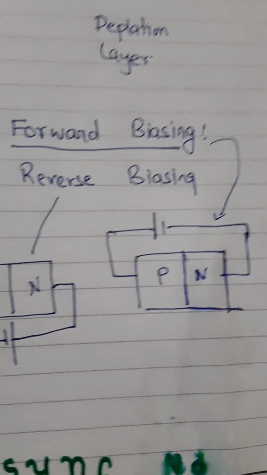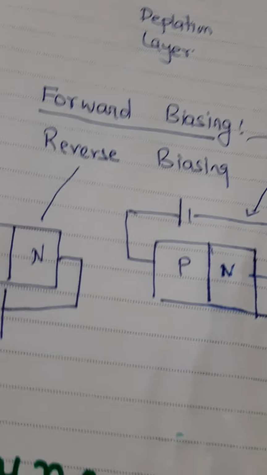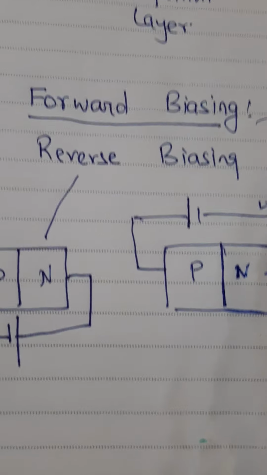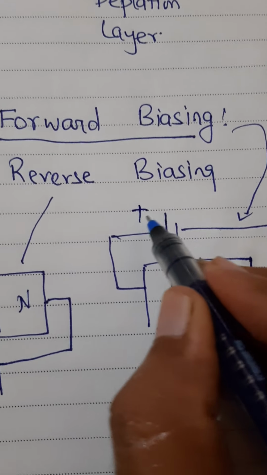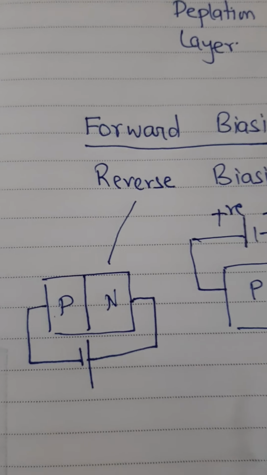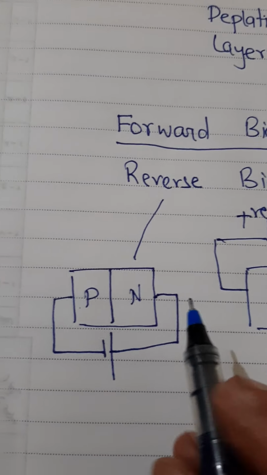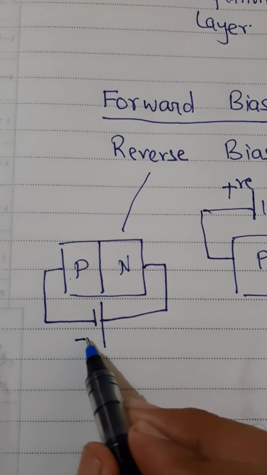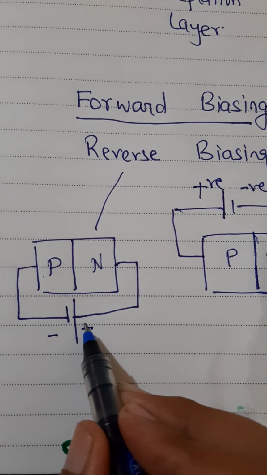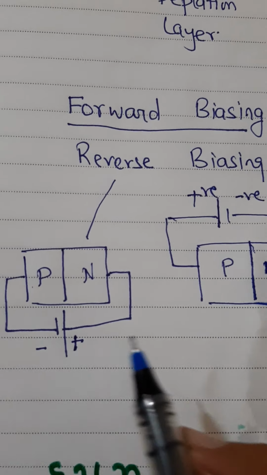So in forward biasing, we connect the P type semiconductor with the positive terminal of the external battery, and in reverse biasing we connect the P type semiconductor with the negative terminal of the battery and N type with the positive terminal of the battery.